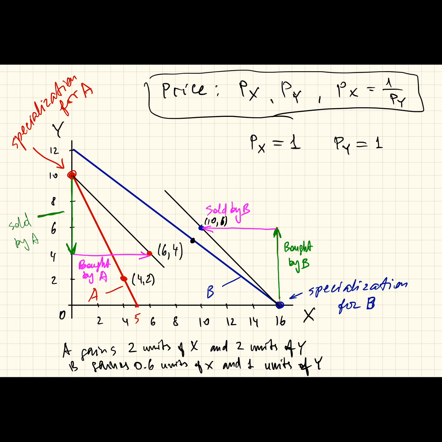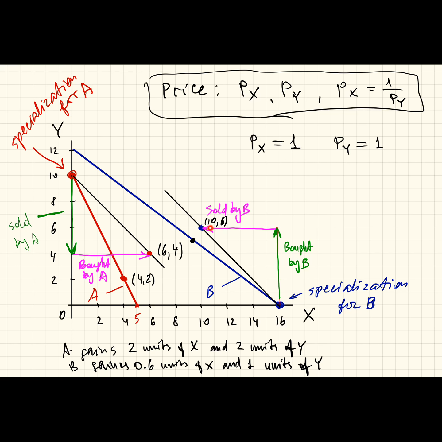So in exchange for these 6 units of good Y, person A is going to get 6 units of good X, because that's the deal. So he will go from this point to this point, and will end up at this point after the exchange is complete.